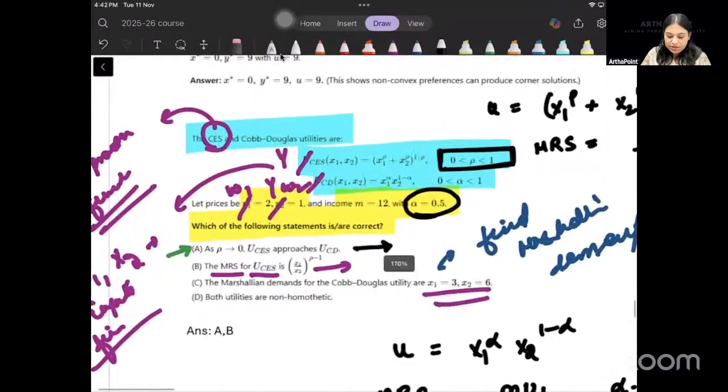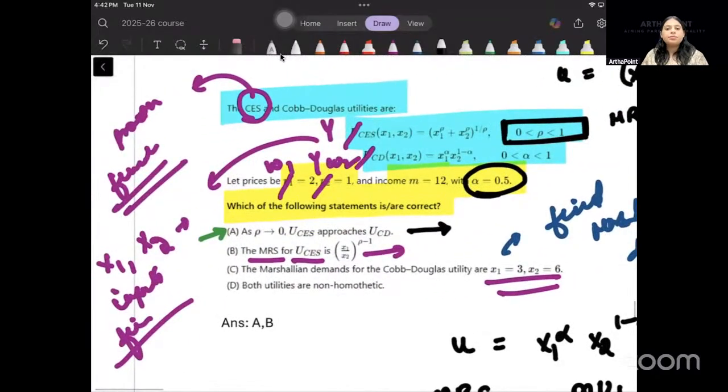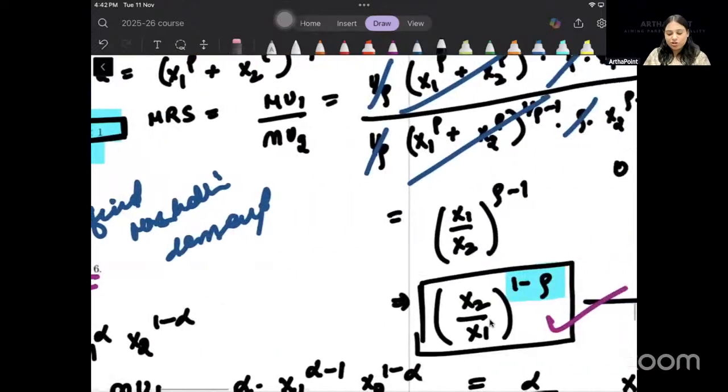Okay, so tell me the Marshallian demand, part C. Yeah, I would not know the lecture number. I am not Chat GPT. How would I pull out the lecture number? You have to search. It is the first or second lecture of production theory.